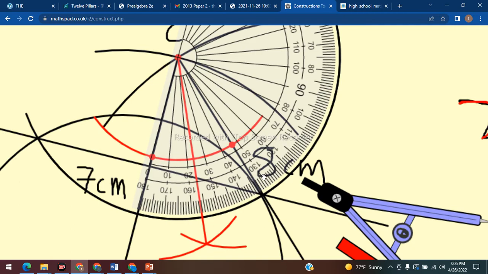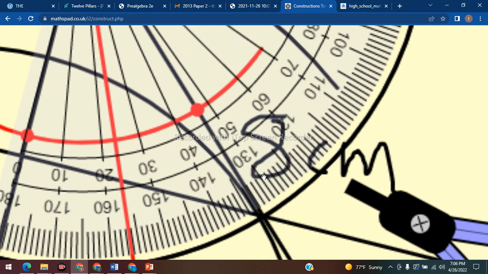Let me count again. Let me go in it some more. Good, that's good enough. So this is 45, 46, 47, 48, 49, 50. So it's 47. So this angle is 47.